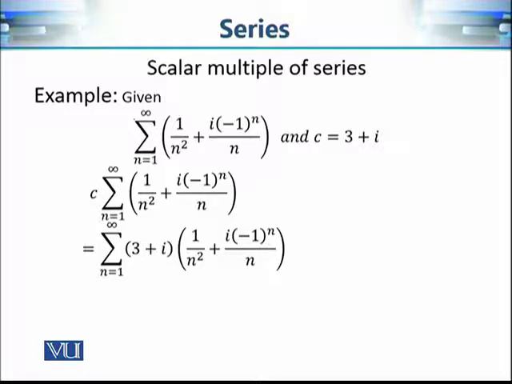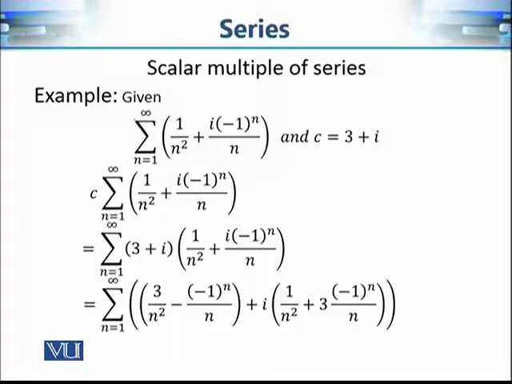And of course, one simple observation is that this C must be constant. If this C depends on, for example, n, then we cannot move C inside or outside this summation. So it has to be a constant, a fixed complex number with respect to this index n.